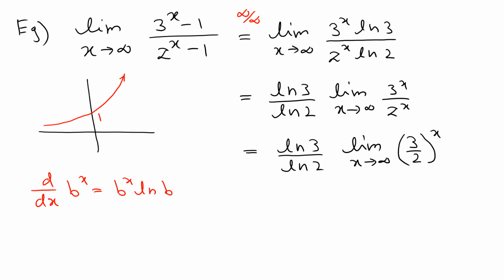But we know that 3 over 2 is greater than 1. Since it's greater than 1, this is again like a power function, the exponential function. And since 3 over 2 is greater than 1, this is going to grow to infinity. So that means the final answer is infinity times a number, so it's infinity. So the final answer is infinity for this problem.